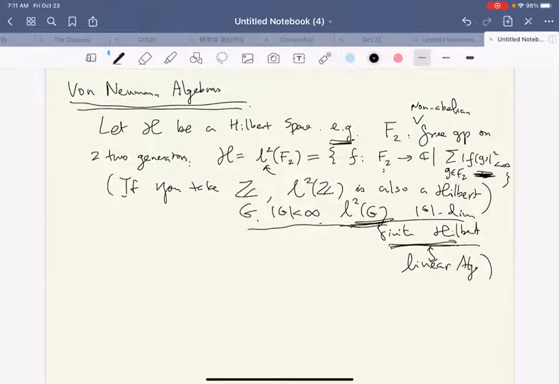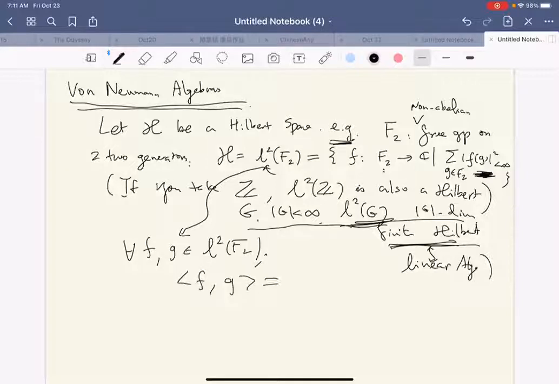You might wonder why you take L2. If you take L2, then you have the inner product. If you take any F and G in this L2, then you have the inner product, the inner product we all like. This is what distinguishes Hilbert space from the rest of the complete normed vector spaces.